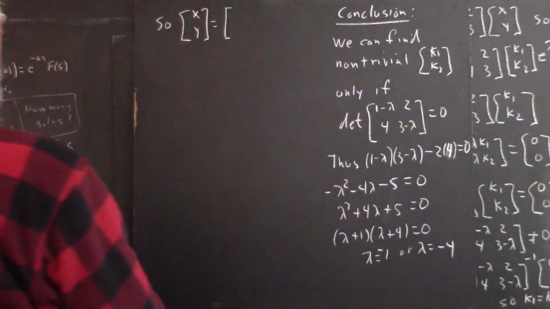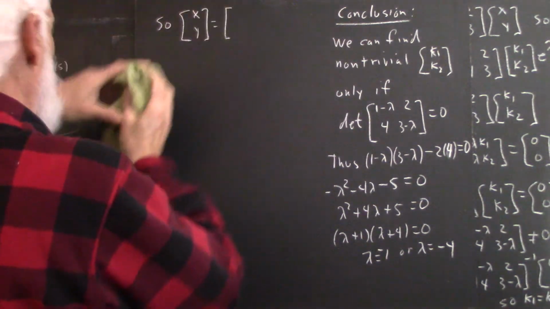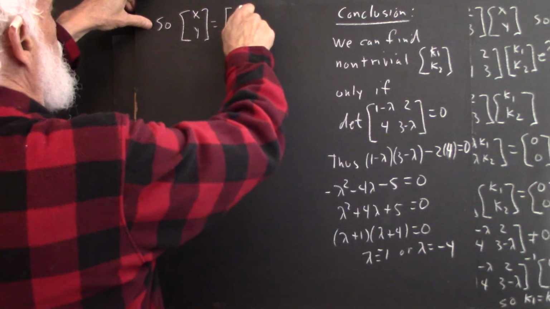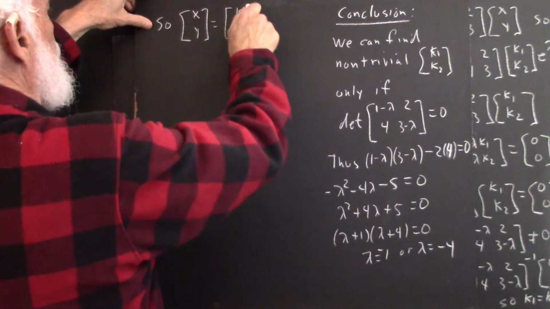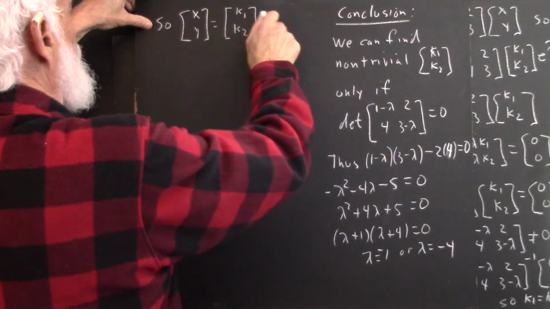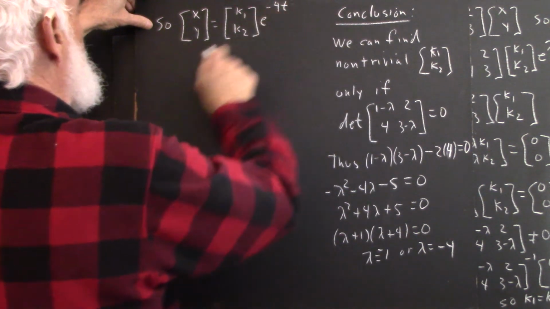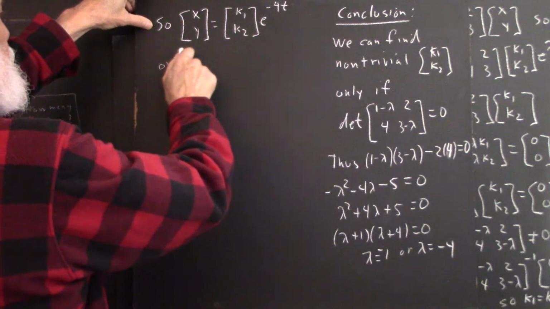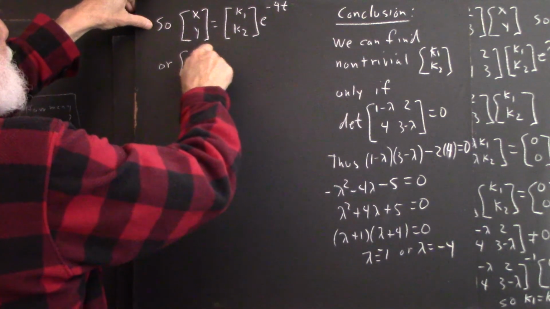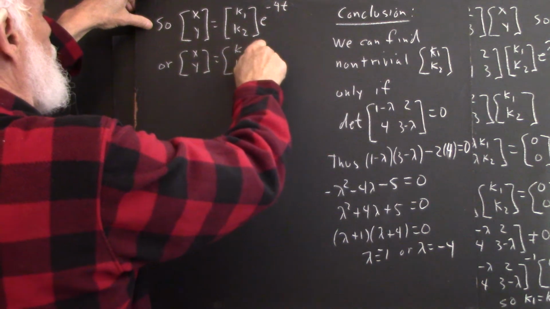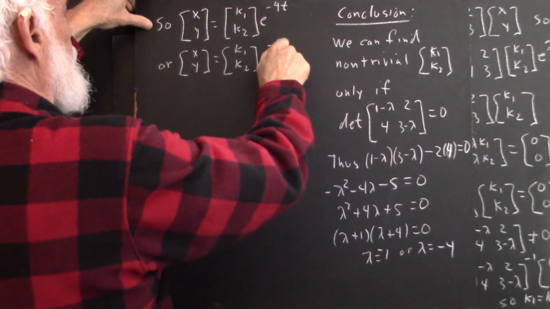well, actually, I'm a step ahead here. Well, let's write it out. So x, y is k1, k2 e to the negative 4t, or x, y equals k1, k2 times e to the negative t.